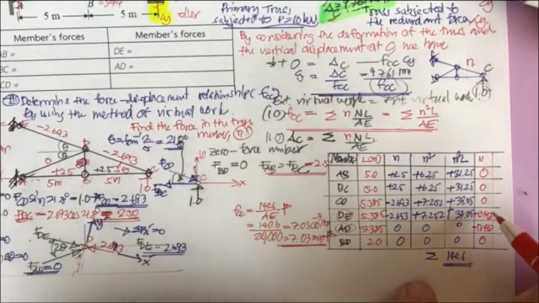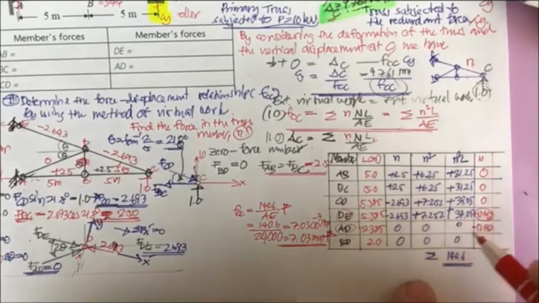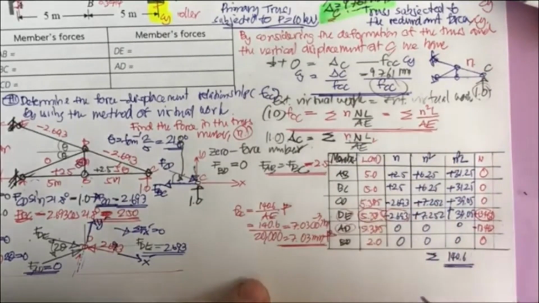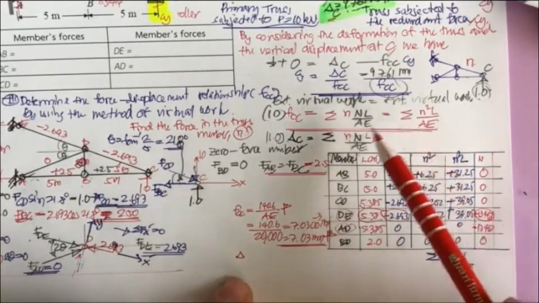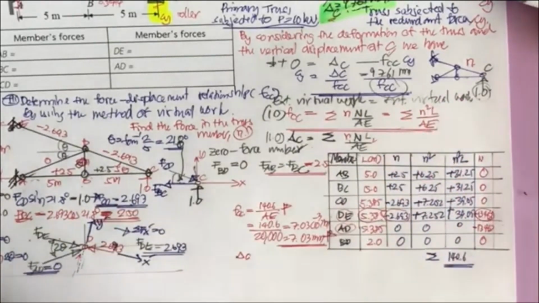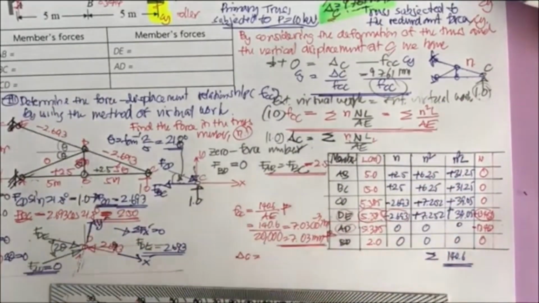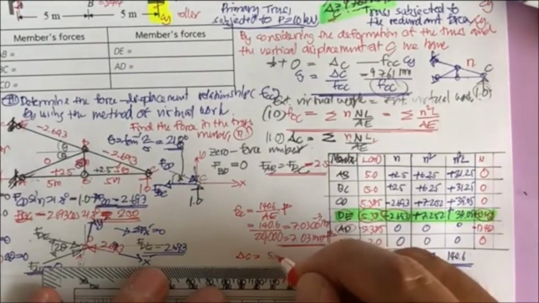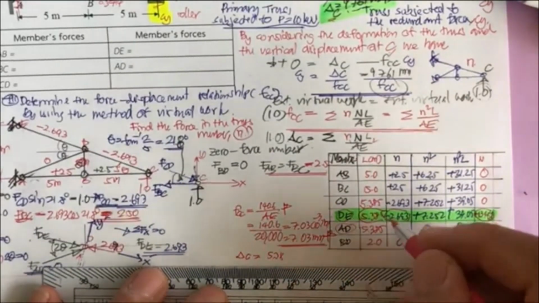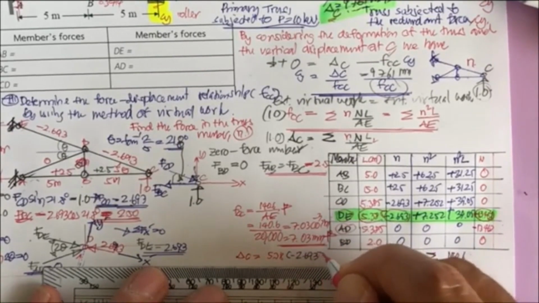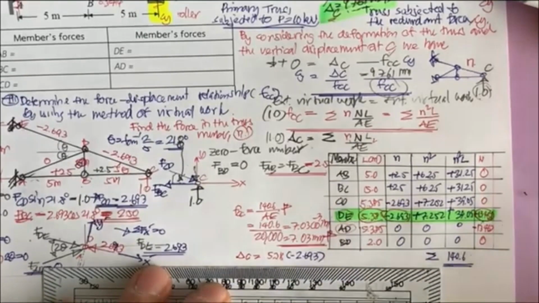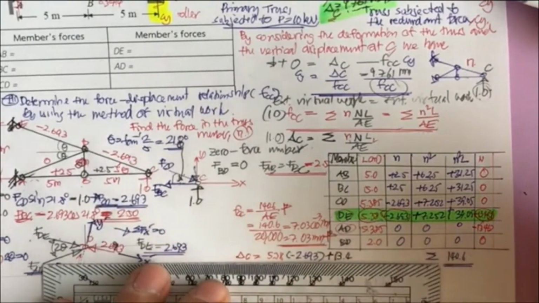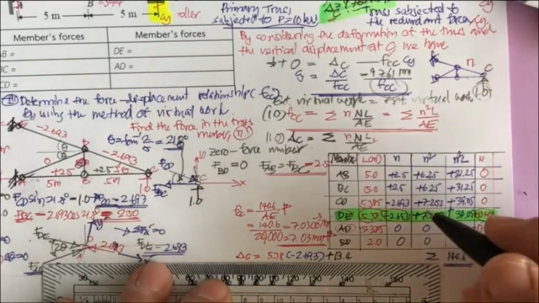So the only one that you have is this, and it's going to be delta sub C equal to, for the DE only, 5.385 and minus 2.693 times this one plus 13.463.